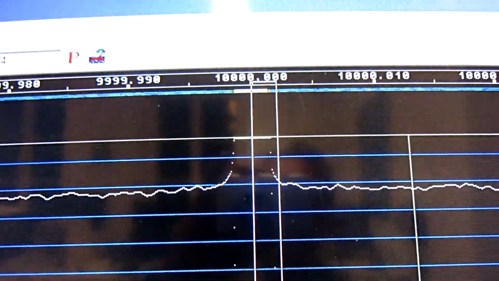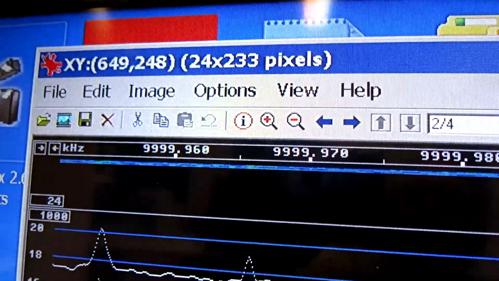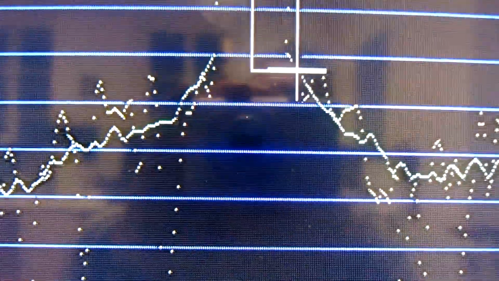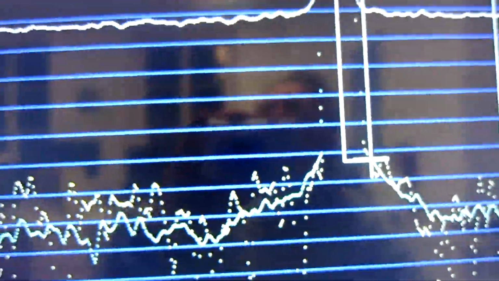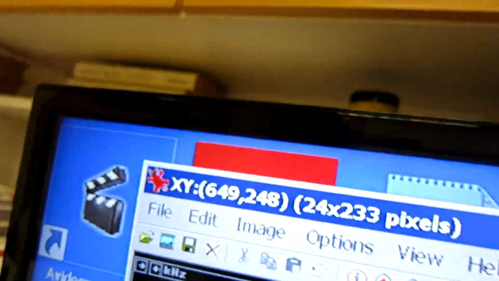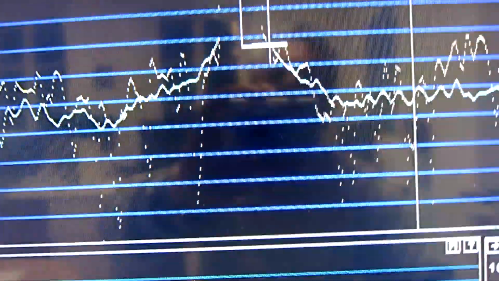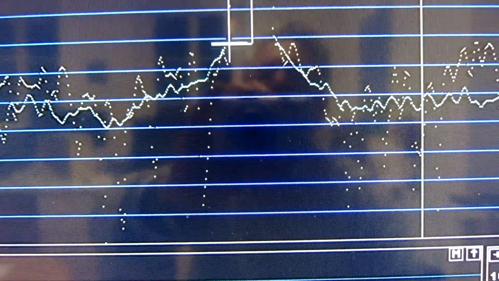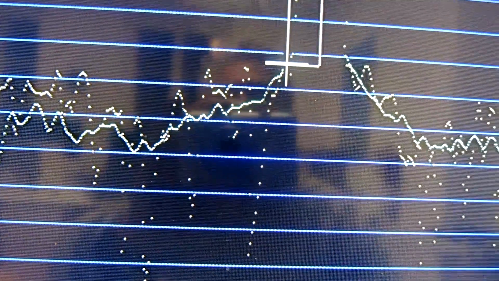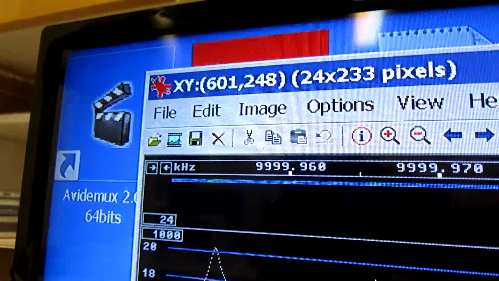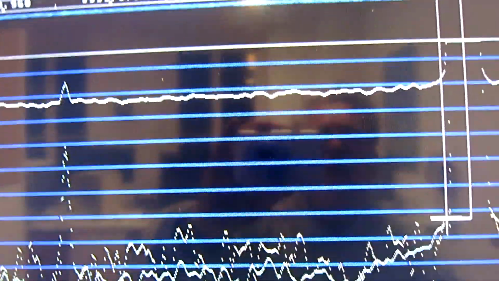So I am with one side on 10 megahertz, and now I am 24 pixels to the right, and I have moved the cursor to come on the green line, and then I can read the coordinate as 248 on the position plus 2 Hertz, and then I go for minus 2 Hertz. I have to find 24, and then vertically like that, and that is 248. So it's fairly symmetrical.